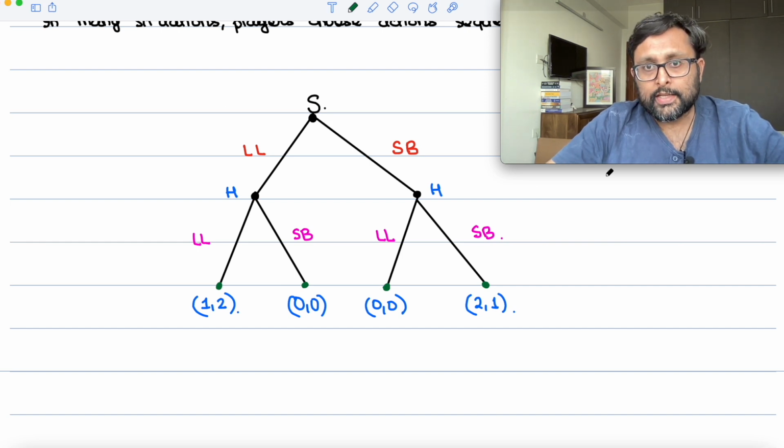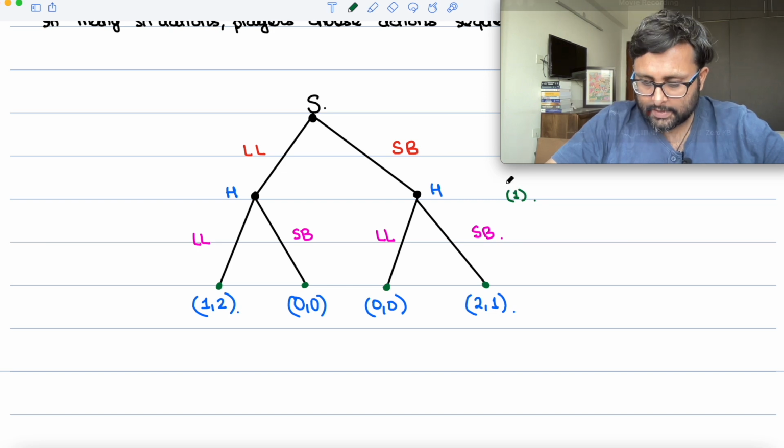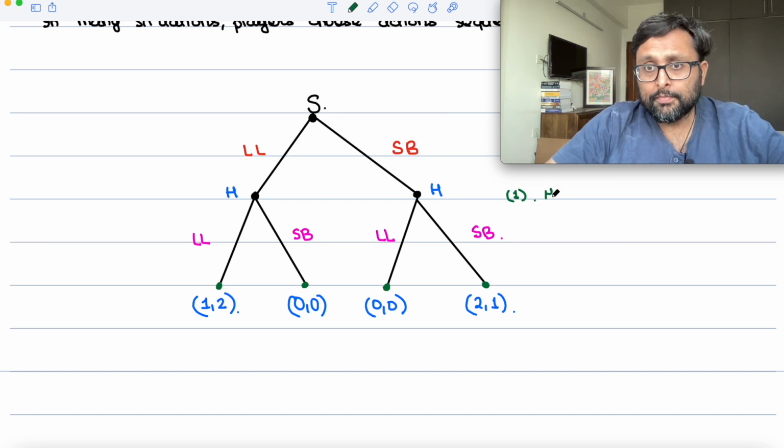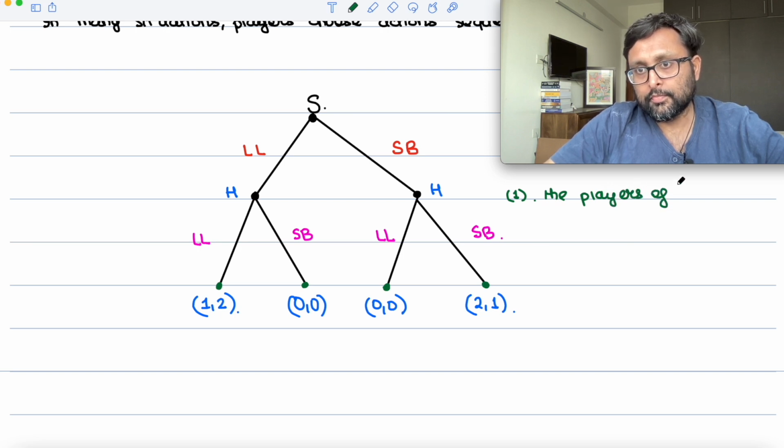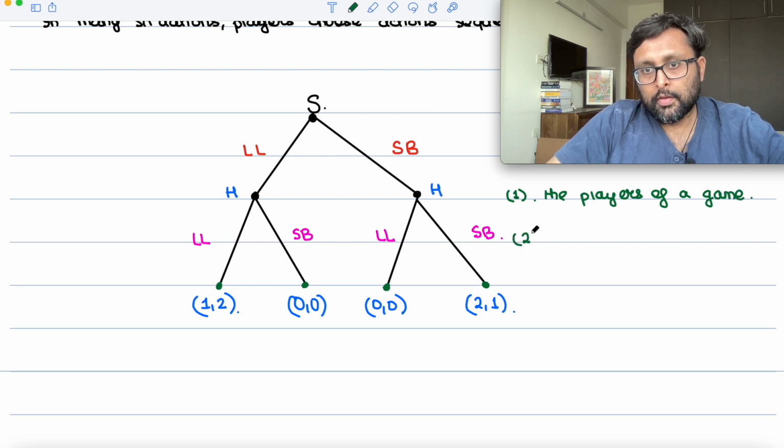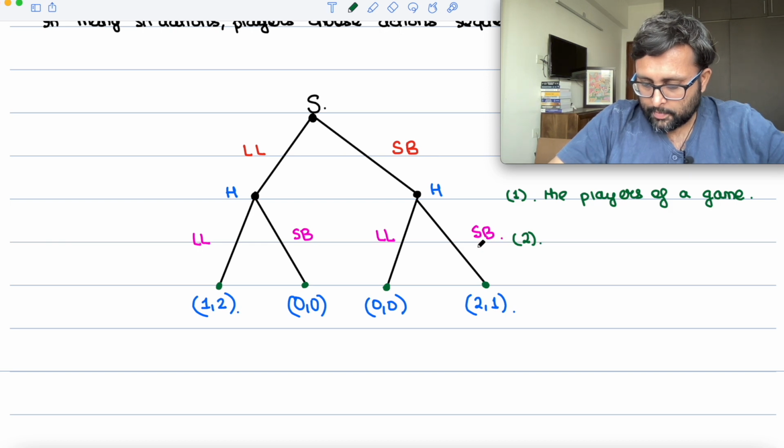So this extensive form game specifies the following. It specifies the players of the game. It has to tell who the players of the game are.